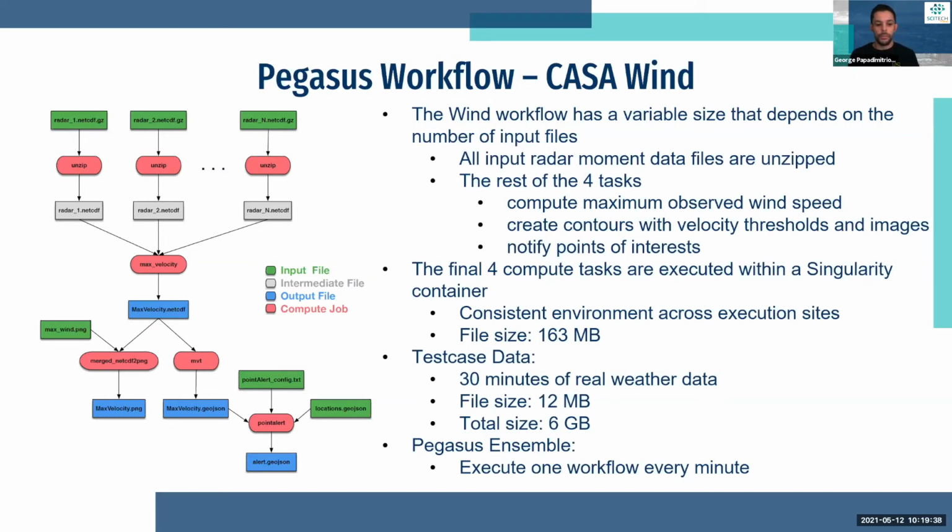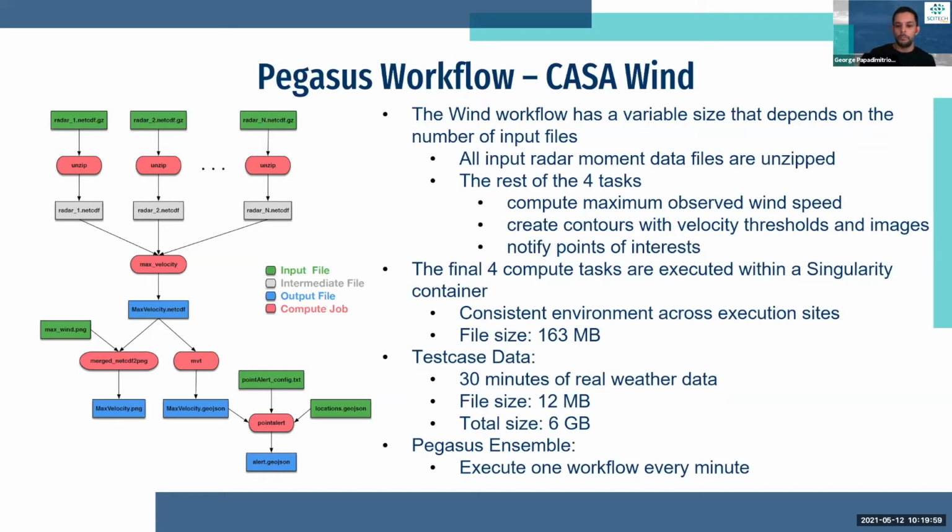And from that point on, we calculate the images that we show on a web dashboard, like the GIF I presented in the second slide. And we can also alert points of interest, such as hospitals or other locations.